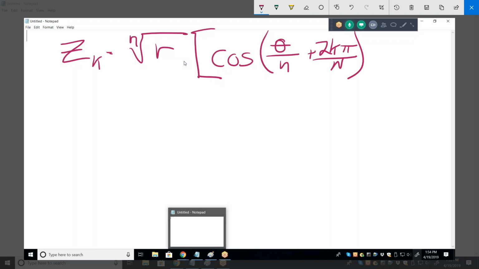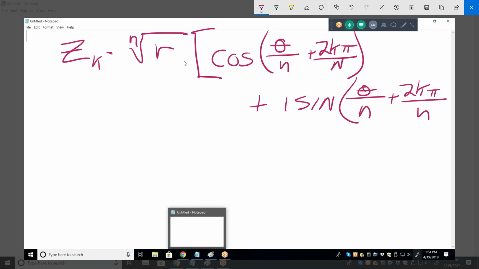I just don't have enough room on this page. I need either a bigger drawing tablet or a bigger monitor. So it's basically R to the 1 over n cis the angle plus 360k. That is the beauty of De Moivre's theorem.